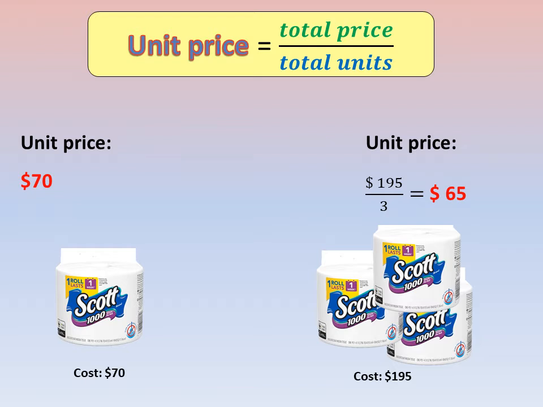But then you must be saying, Miss Hamilton, this is ridiculous. It's the same tissue. How can one tissue be $70 and one tissue be 65? This is the art about bundling or buying wholesale.